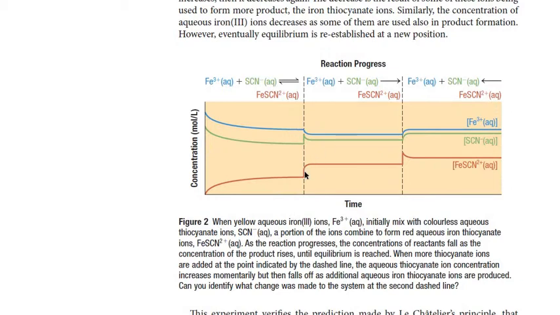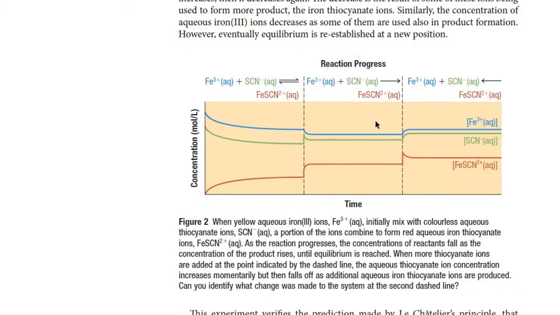So as you see here, we have a sudden jump here and a sudden jump here. We increase the concentration of thiocyanate ions, so that's why the equilibrium is changed for all of them, and in order to damp this increase in concentration, the reaction shifts to the right.